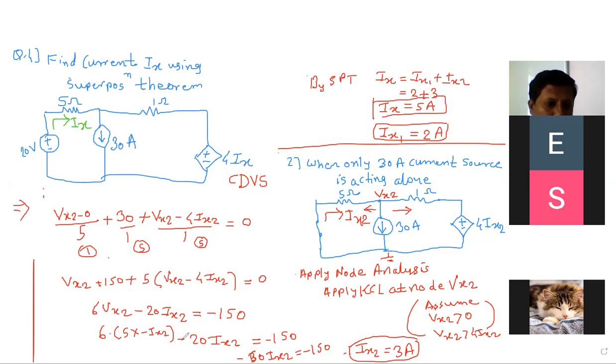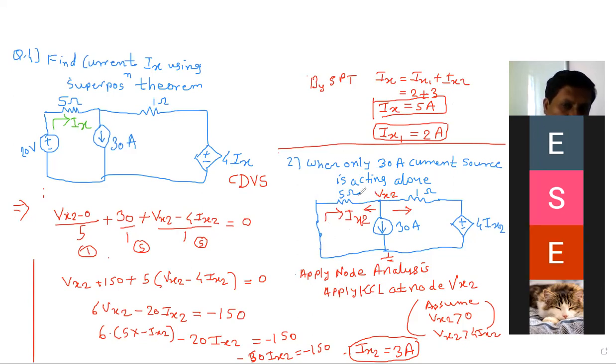Here the students are making mistakes. Vx2 means voltage across 5 ohm, but the Ix2 value is opposite according to Vx. Here Vx is plus and there it should be minus, but Ix2 is opposite, that's why minus is taken. Students do not take the minus, they take the positive, due to which they get the wrong answer of Ix2.